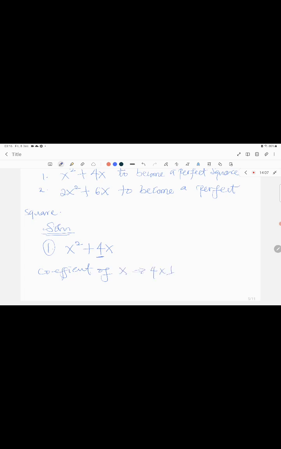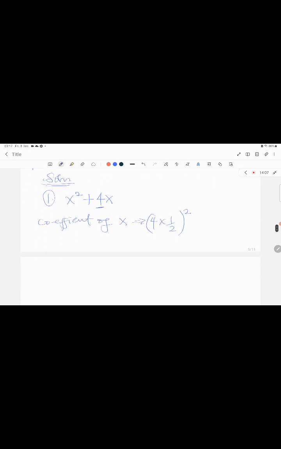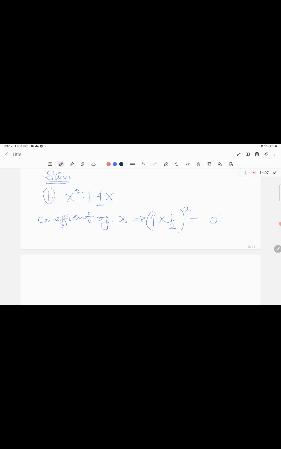We multiply it by 1 over 2. The answer we get, we square it. And when we add it to this one, what we have is a perfect square. So what do we have? We have 2 squared. 2 squared equals 4.